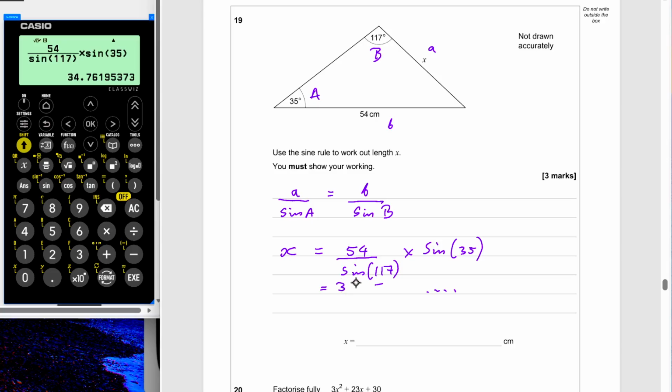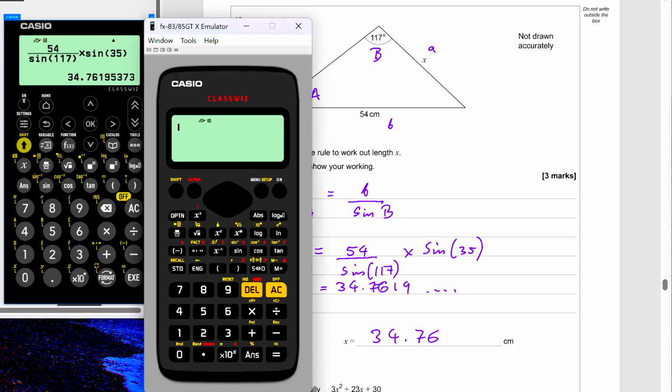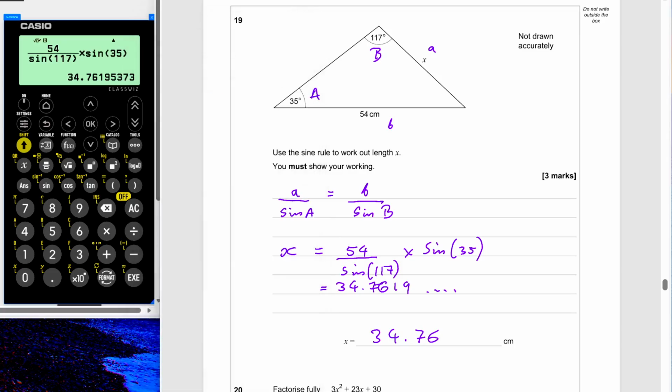So we're looking at 34.7619. So that's going to be 34.76. If you're using the other version of the calculator to switch it, we've got angle unit, and we want number 1 degrees. So should have checked that at the start of the video, but there we go.